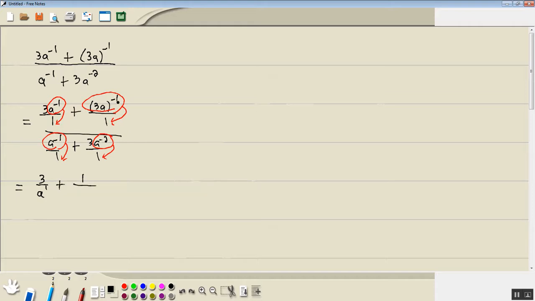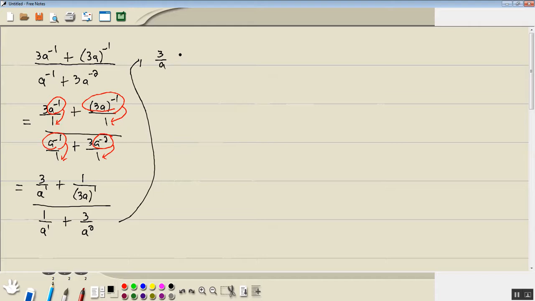If you move everything and there's nothing left, you always put a placeholder of 1, over 3a to the positive 1. This becomes 1 over a to the first, plus 3 over a squared. So again, when you move anything opposite where it's at in a fraction, the sign of the exponent changes.